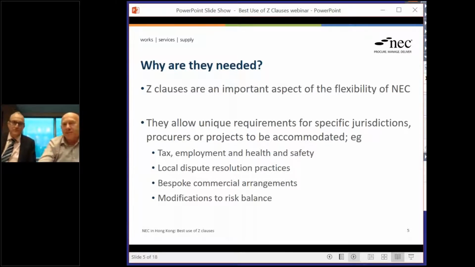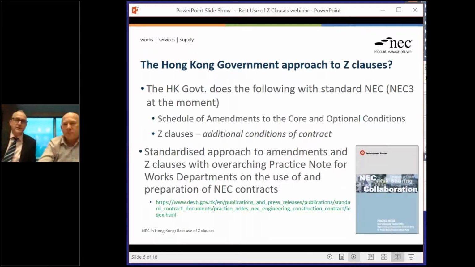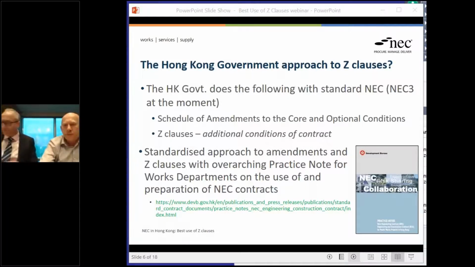Okay, great. Well, what is the Hong Kong government's approach then to Z clauses? Well, they do the following with NEC at the moment. I say at the moment because obviously it's an evolving picture in Hong Kong, and things are going to be subject to change in the future.